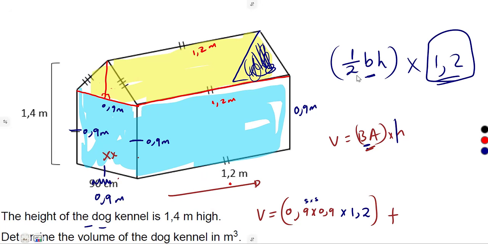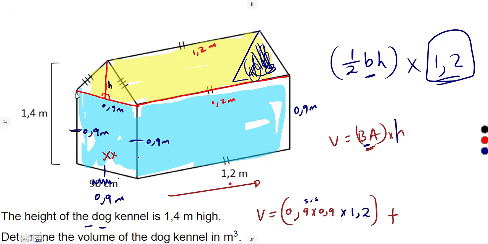So on the triangle now, we have the base here, from here to here. This is our base. This is our triangle, 0,9. But we do not have its perpendicular height, this one. This is the edge of the perpendicular height of a triangle from here to the top. So where are we going to find it? Remember, they told us that the whole of this line is what? 1,4.